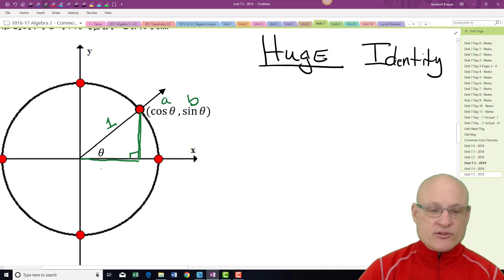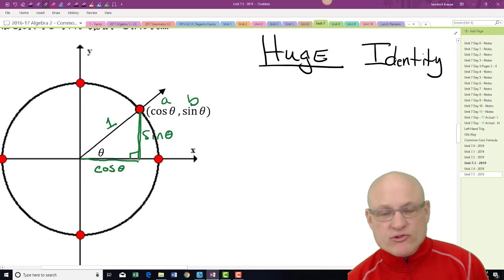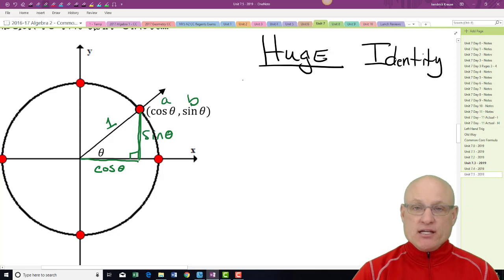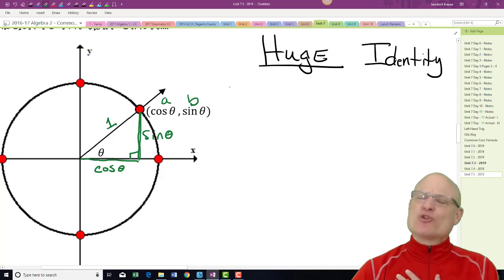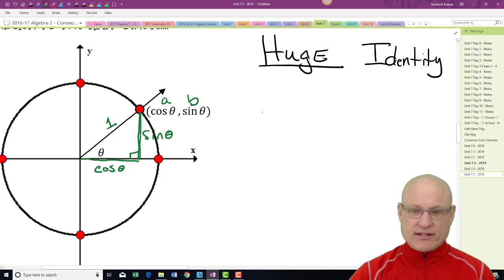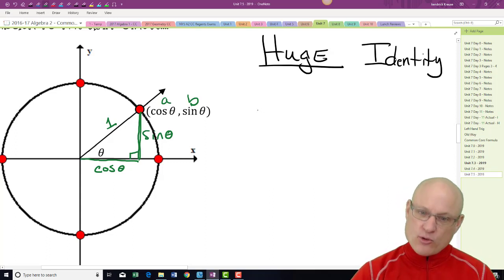Well, and then we said, okay, this is really cosine of theta, and this is really sine of theta. Well, what's the most famous thing that I can do in a right triangle? If you said nothing, I feel accomplished as your teacher. If you said the Pythagorean theorem, then you said like, oh, okay.